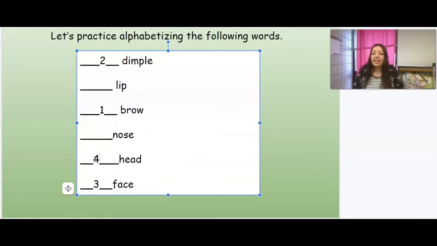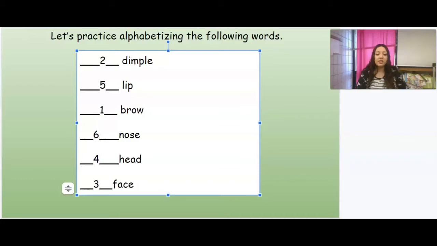Head, H, I, J, K, L. Yes, we have the word lip. L, M, N. N for nose. So in order we have brow, dimple, face, head, lip, and nose if we put those words in A, B, C order or alphabetize them.